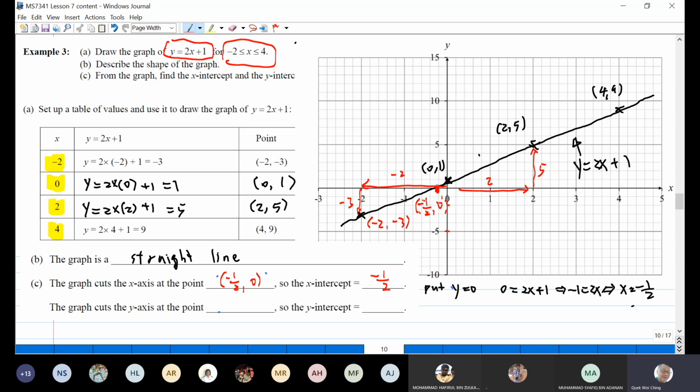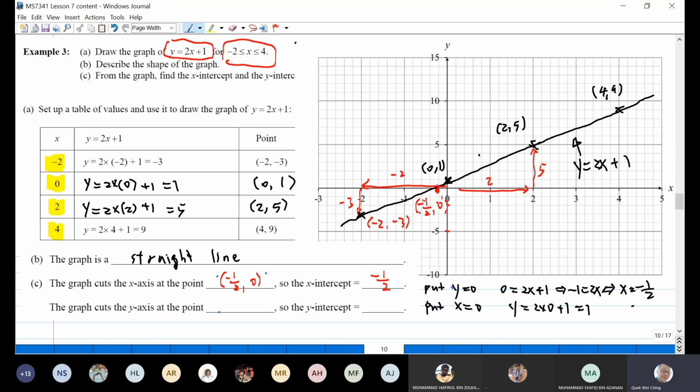You can do the calculation. And then where the line cuts the y-axis, what you can do is put x equals 0. Then y equals 2 times 0 plus 1, which is 1.